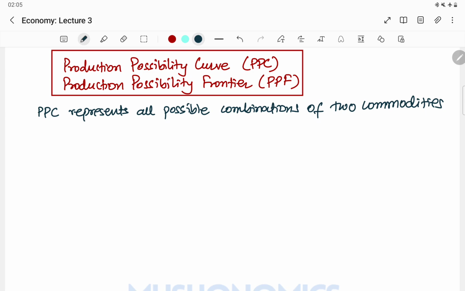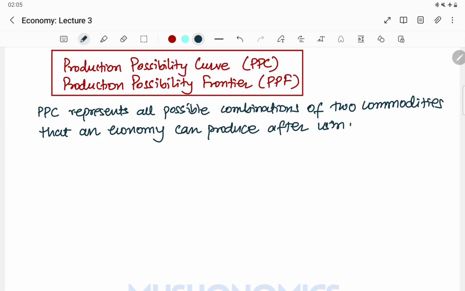PPC represents all possible combinations of two commodities that an economy can produce after using all its resources and with a given technology.